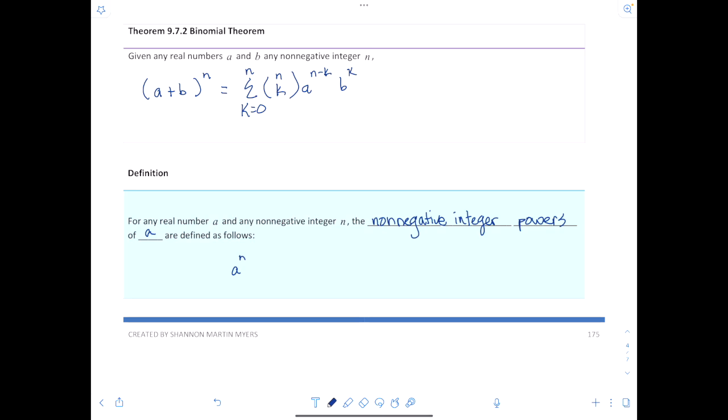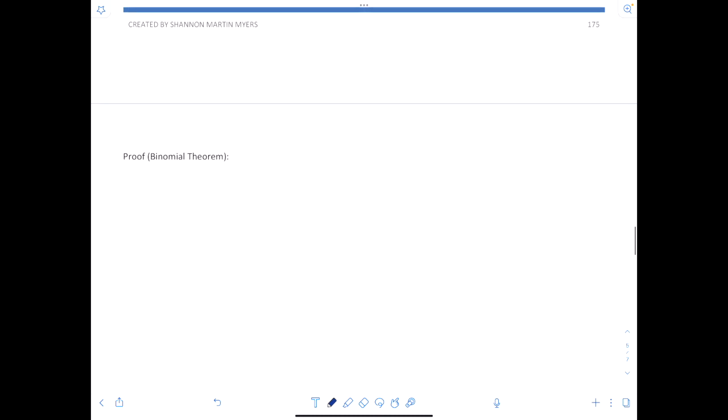A to the n is equal to 1 if, of course, n is 0. You could also think of it as a times a to the n minus 1 if n is greater than 0. So we'll be using this in the proof of the binomial theorem. Aren't you excited?